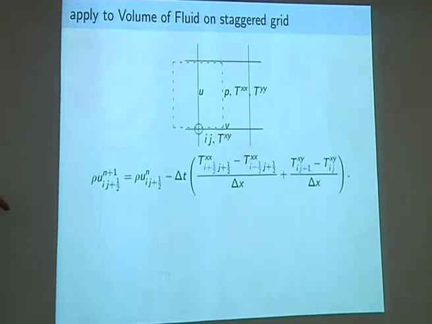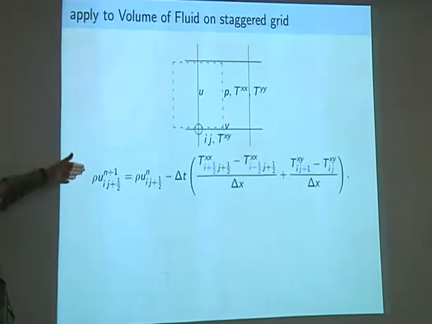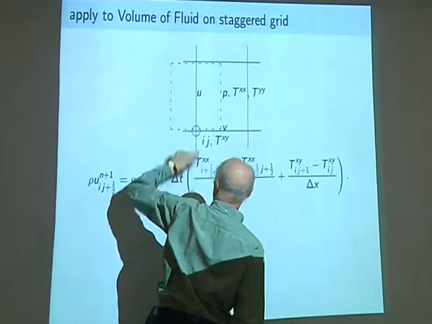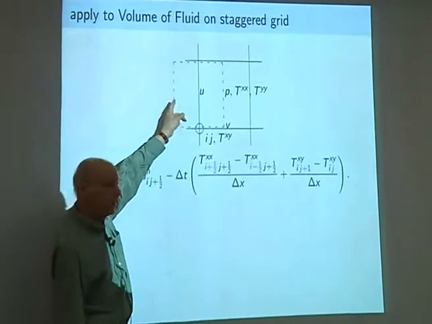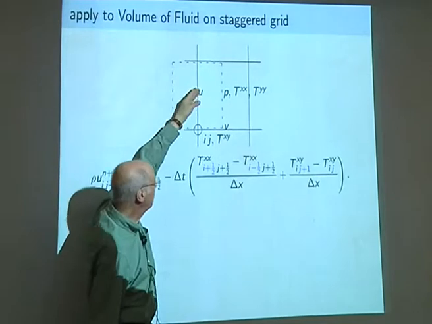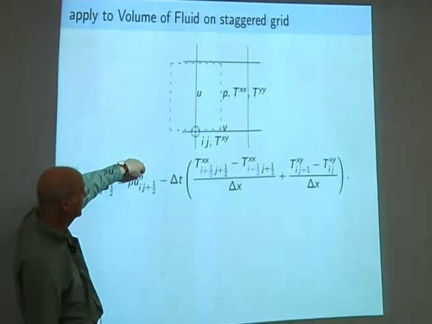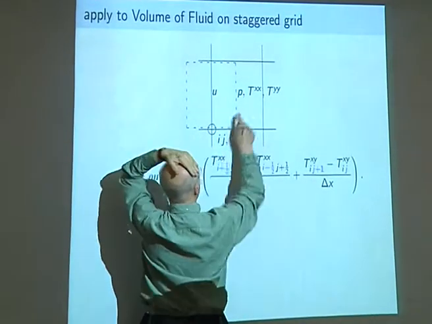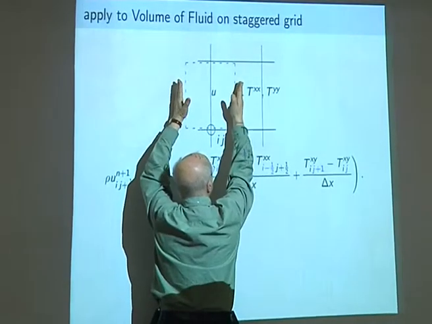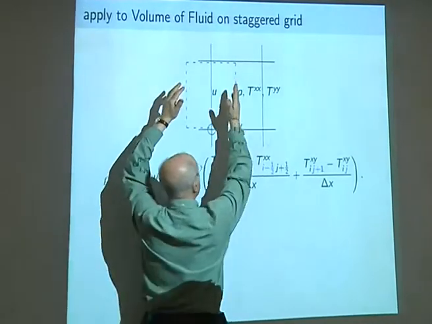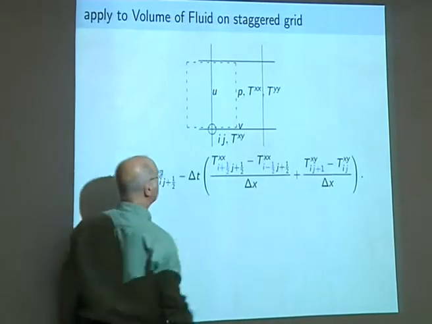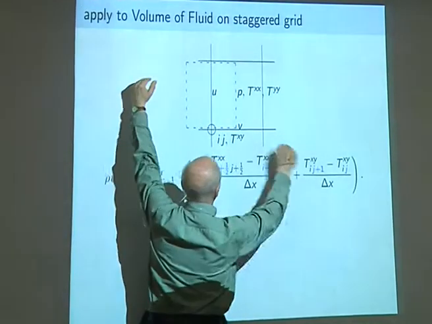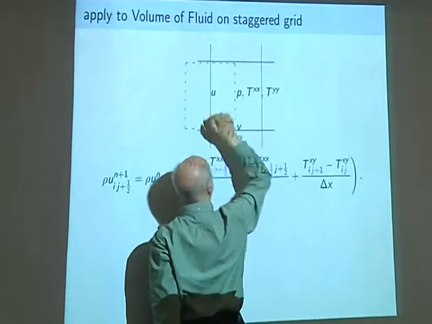And then to work out how the horizontal momentum is changing in time, you apply conservation of momentum to this box. So you say the momentum at time level n plus 1 is the momentum at time level n plus the contribution of, say, the pressure forces there and there, but it's now actually the xx component of the stress. The difference between the value there and there tells me the stress sideways, and then the tangential forces which are pushing in that direction, the difference between the value there and there.